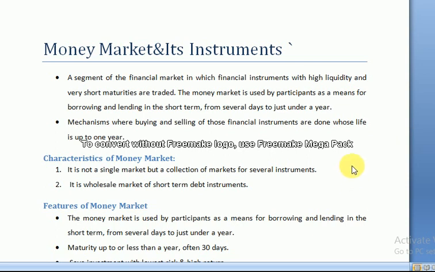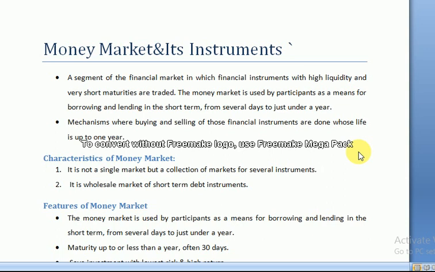They think that a money market means a market where money is traded. Look, a money market is something else. Money market and capital market we will study in our upcoming classes.